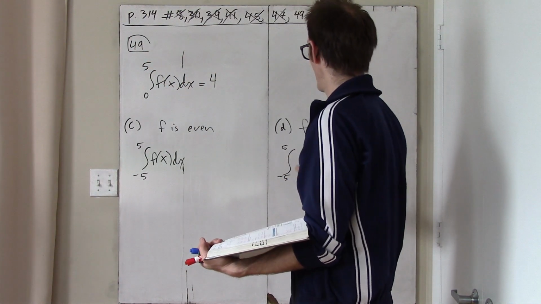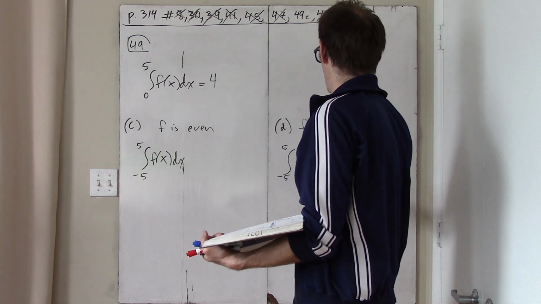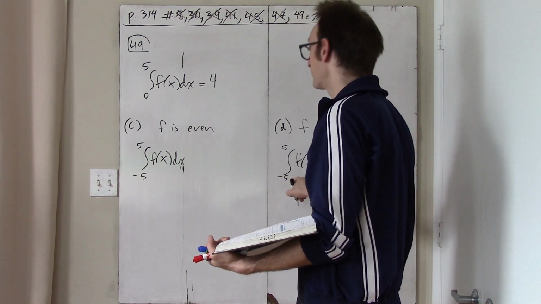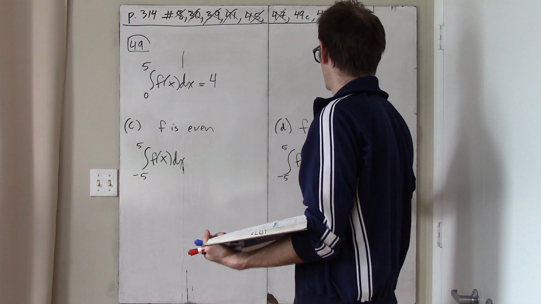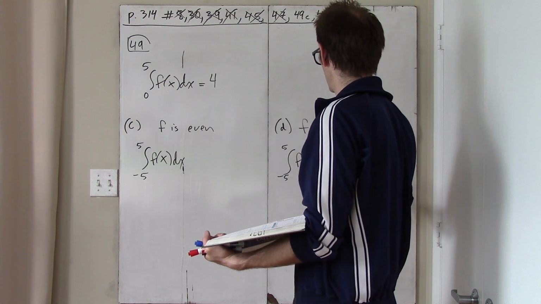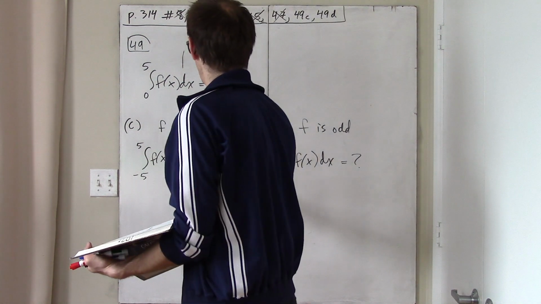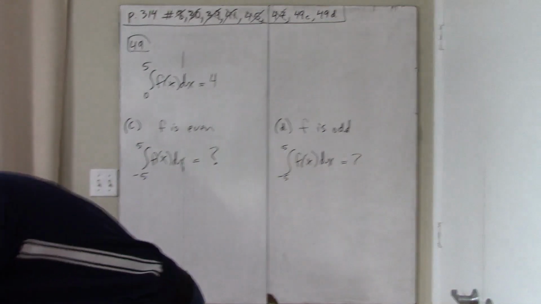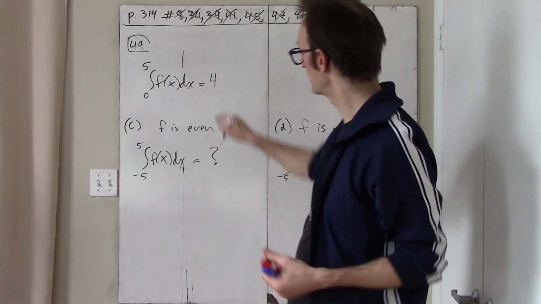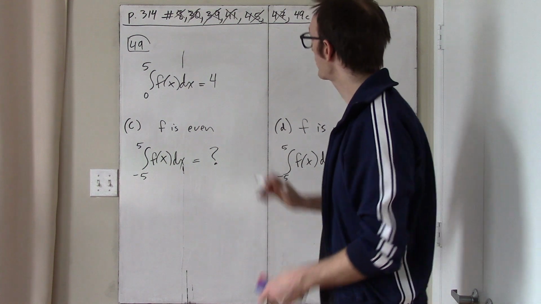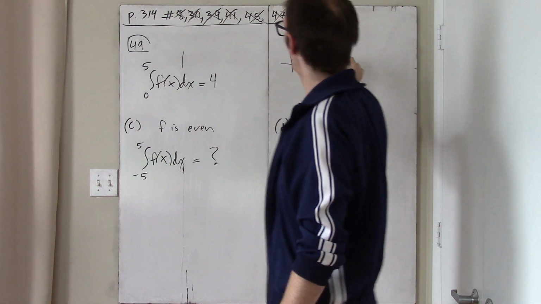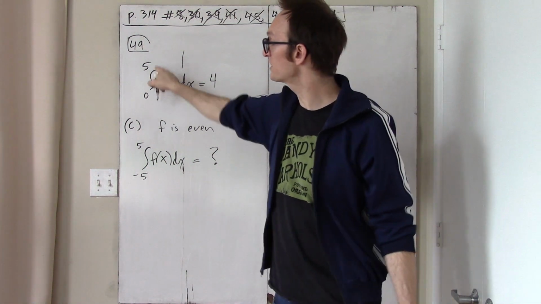And now the problem asks you to take the integral from -5 to 5 and to figure out what that is. Well, the thing is that I just don't know what this function looks like. And you might be tempted to draw this function on the interval from 0 to 5.